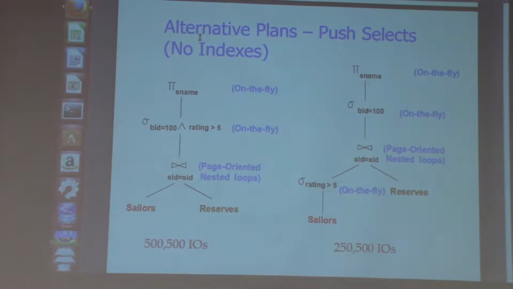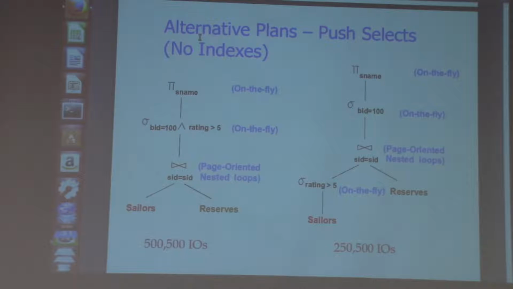And this sailor is the outer relation, which means this is your reserve. So the baseline argument is to read this in, then scan this through this second page buffer. Then load the next one in, do the same.